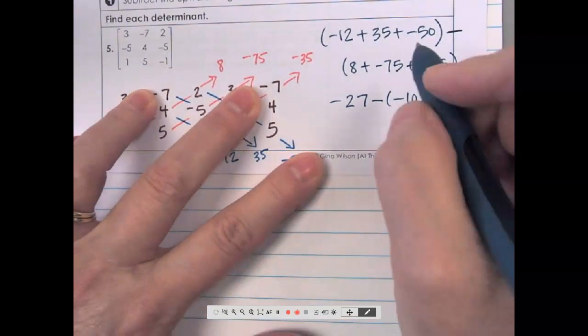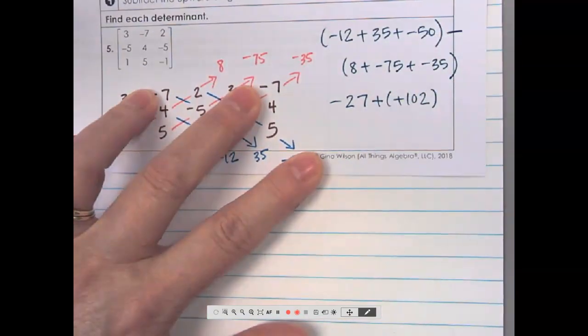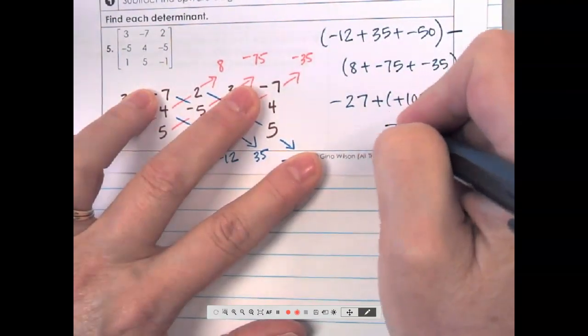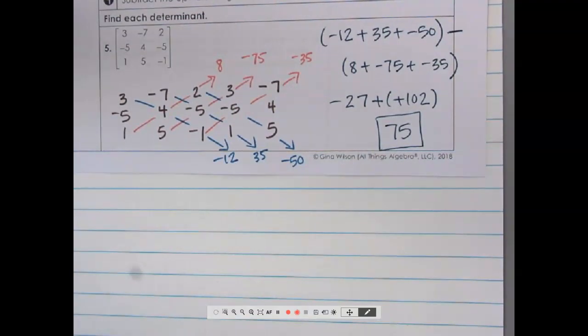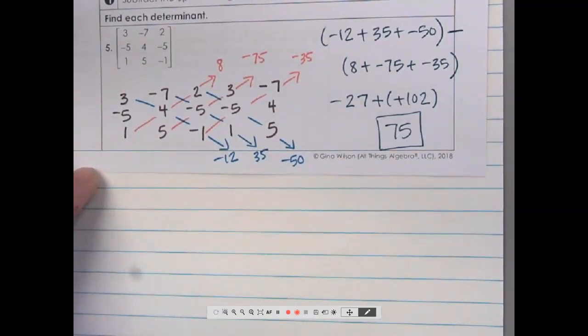And of course, when I subtract that negative, that's going to be positive. And I'll get 75 for my determinant. Questions on that? So no harder, just a little bit longer. Certainly more places to make a mistake with your negatives, so be super careful. Questions on that one?